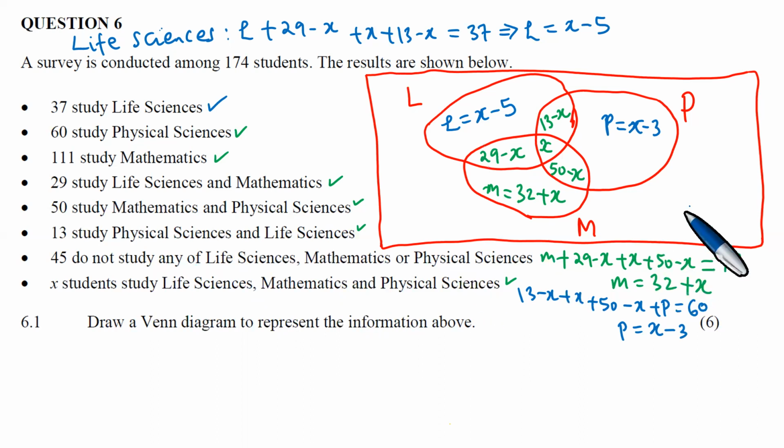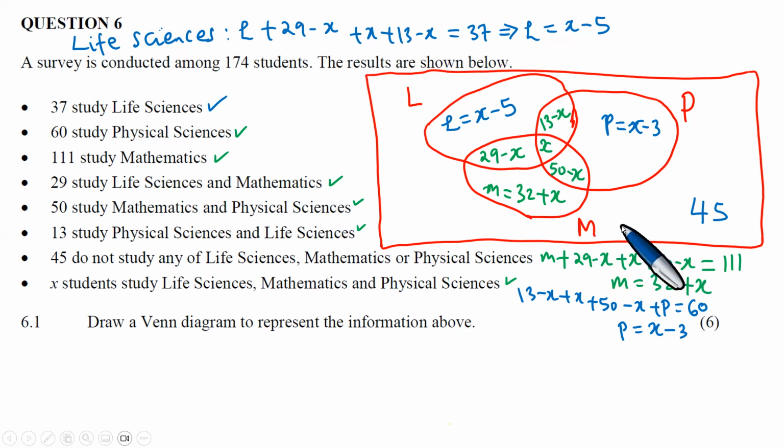So we agree that there are a total of 45 learners who don't do any of those. They do other things. They do CAT, business studies, consumer studies, history. They don't want pure math at all.